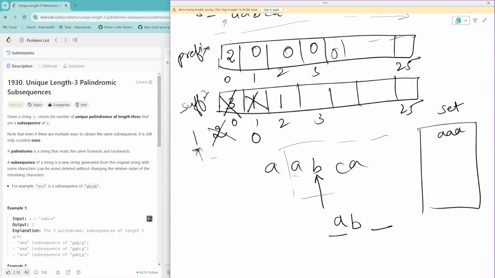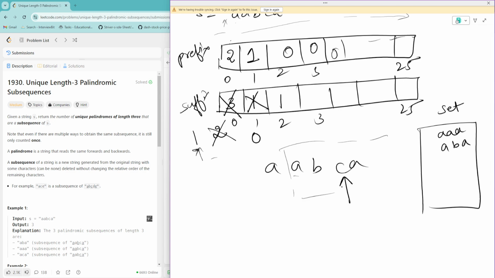I check if there is any A existing after B. Yeah, there is. Then ABA would be one of my palindromes. I would put it into the set. And before moving to the next character, I would increase its prefix by 1. Okay.